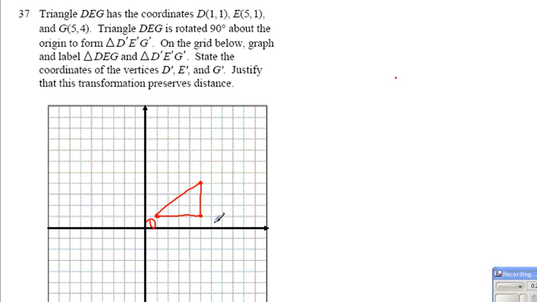So we have D, E right here, and G. Now, rotating 90 degrees about the origin, that means you just go this way. In terms of values, you simply switch them and then negate the one in the front.